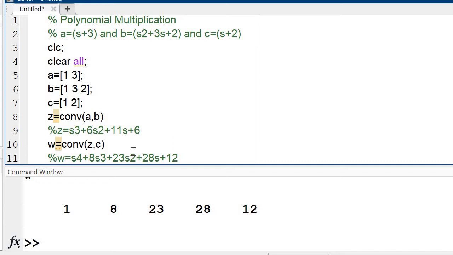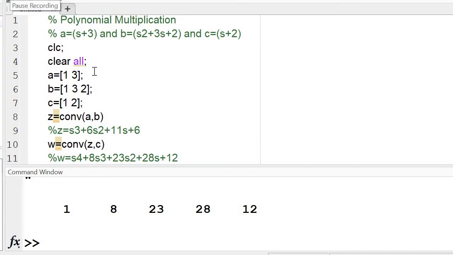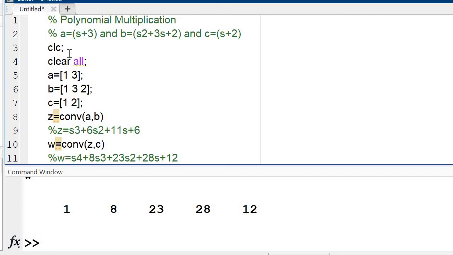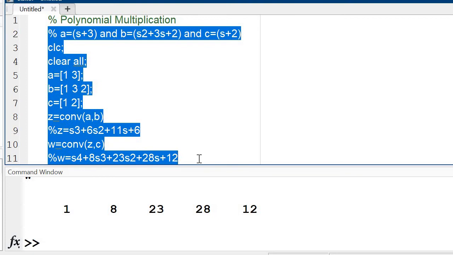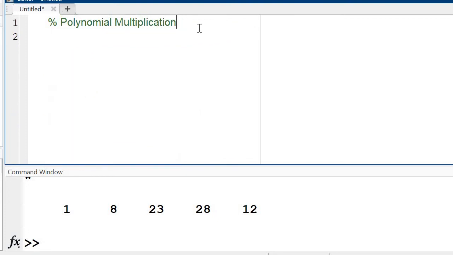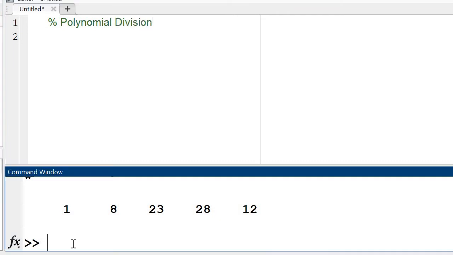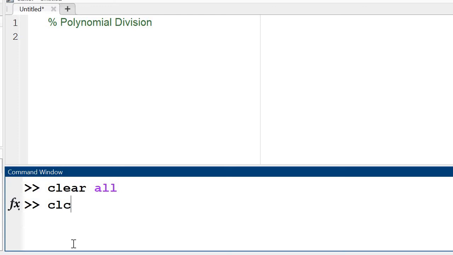After that, how to divide the polynomial functions. Now what I am doing, delete this part, and division. Use CLC, clear all, CLC.